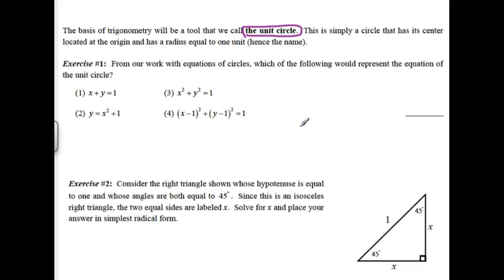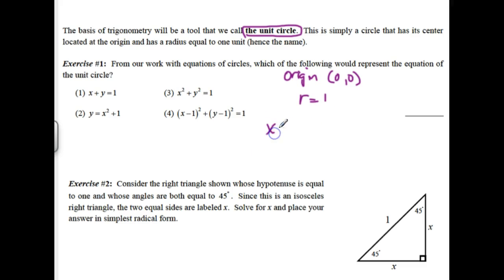So first thing, from your work with equations of circles, which of the following would represent the equation of a circle? So remember, equation of a circle, what do we know? With a center at the origin. Okay, so the origin is 0, 0, remember? And then the radius is 1.